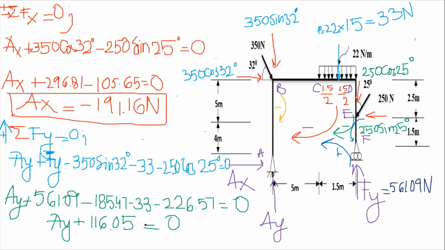So let me check it again. 561.09 minus 185.47 minus 33 minus 226.57. So 116.05 positive. So it will be coming out to be minus 116.05 Newton. So we have calculated the support reaction.